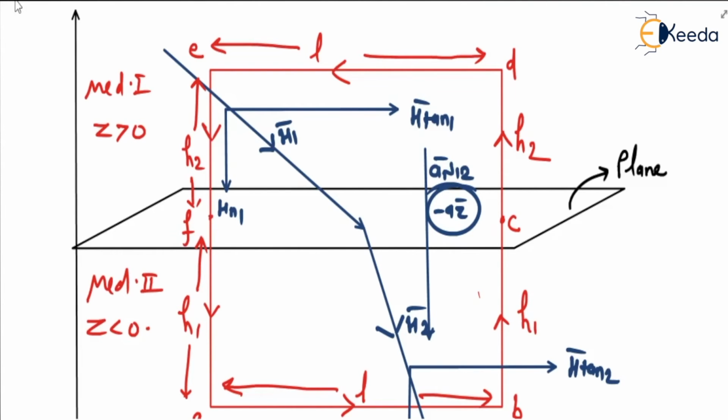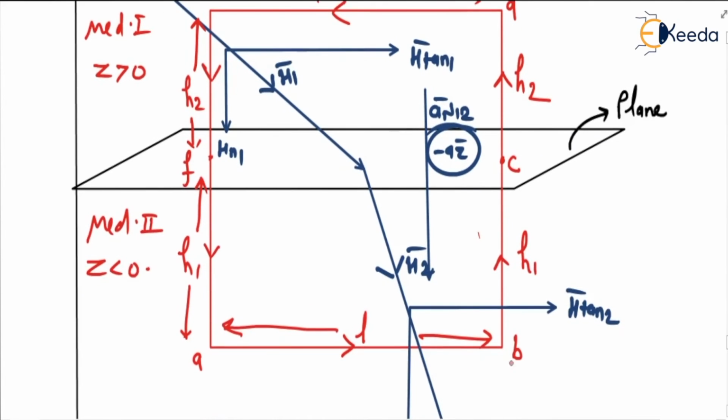Now we are taking this closed path, A, B, C, D, E, F, A. In the AB path, the H tan2 component will be in the same direction, but the Hn2 component will be perpendicular, so the dot product will be 0.